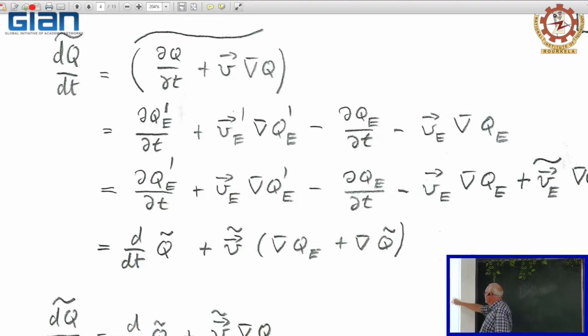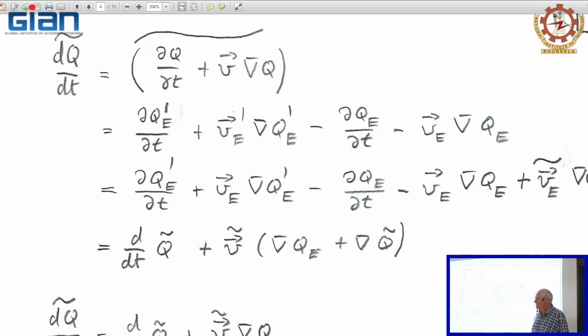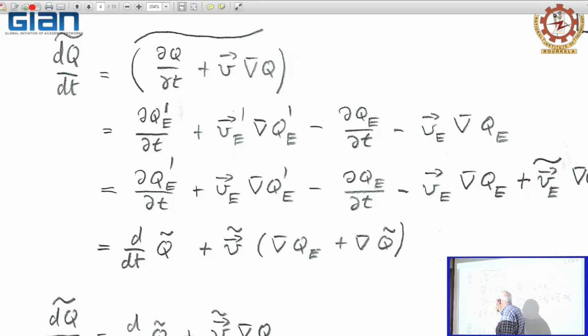So we replace the gradient QE dash here by gradient QE and gradient Q tilde. So this is this term, and this here is by definition d by dt plus velocity times gradient, minus d by dt plus velocity times gradient. This is simply d by dt in the Lagrangian sense of the difference QE dash minus QE, which is d by dt Lagrangian of Q tilde.